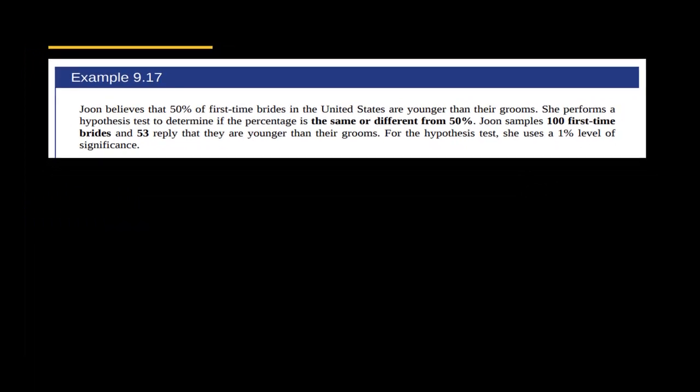June believes that 50% of first-time brides in the United States are younger than their grooms. So half are younger and half aren't. That's her belief. She performs a hypothesis test to determine if this percentage is the same or different than 50%.